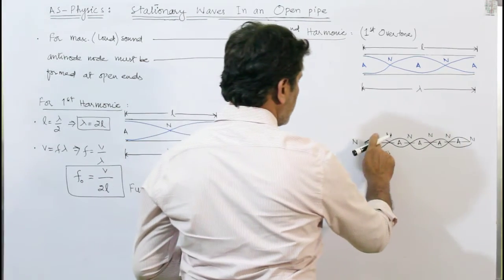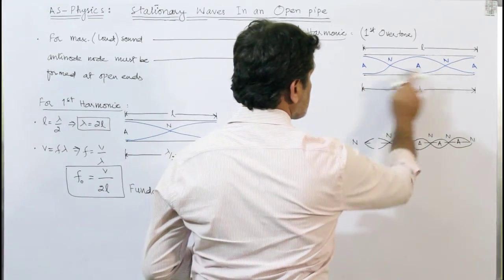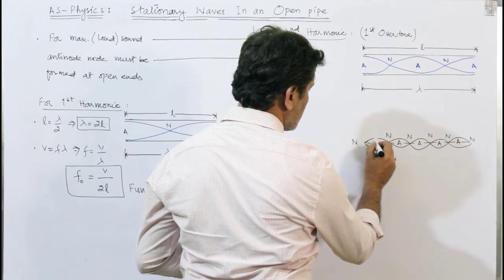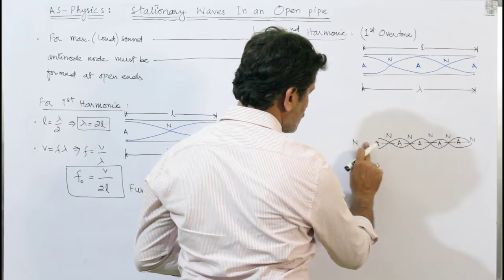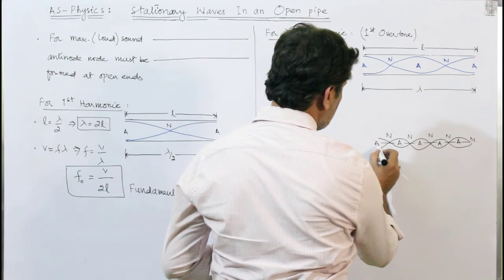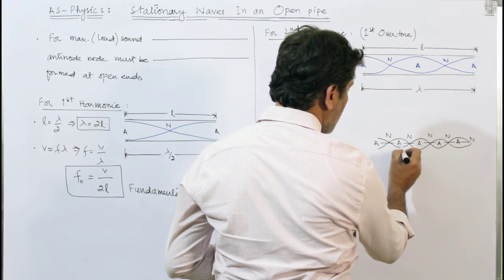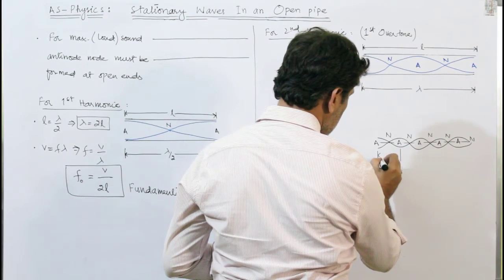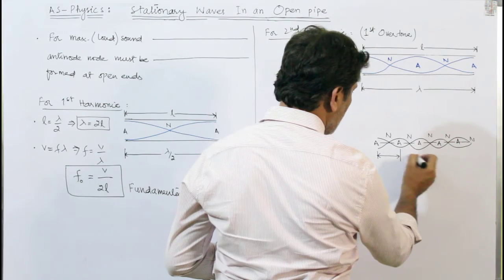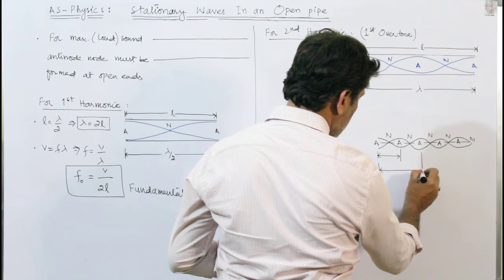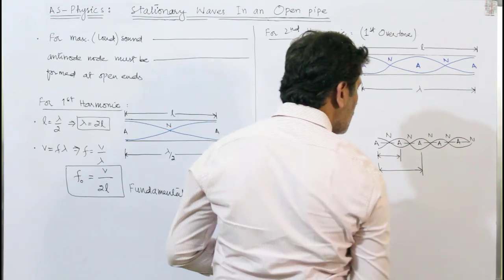Now if we start from here, because at both ends we will get the antinodes, it means that we are starting from this position, so we will remove this position. The first loud sound will be heard for this position, and the second loud sound can be heard for this alternate antinode.